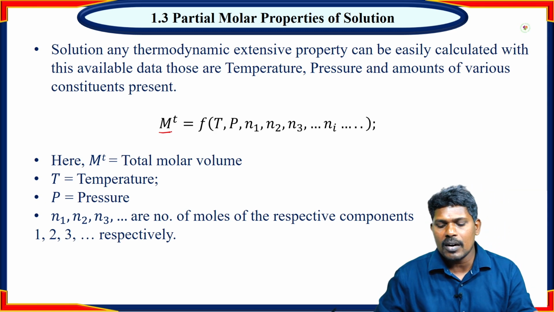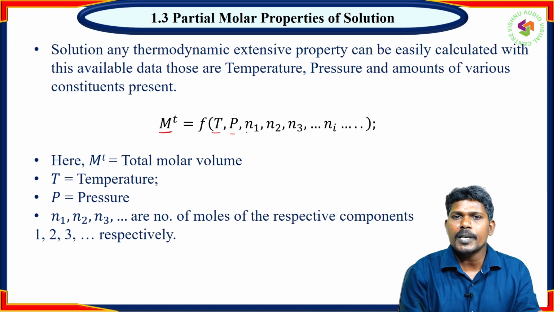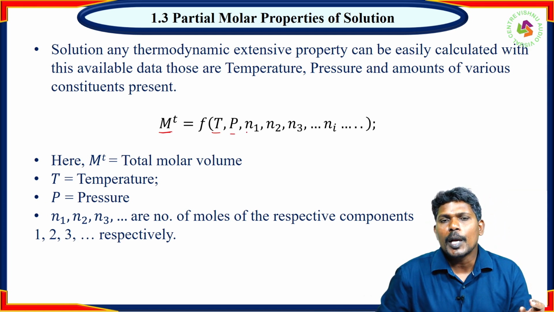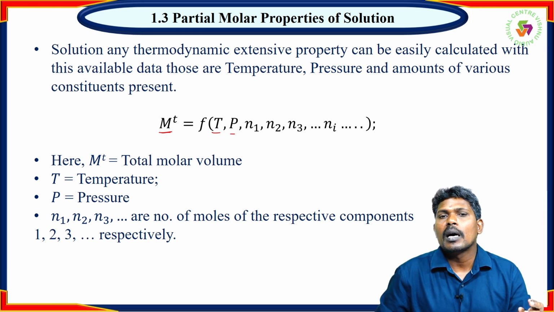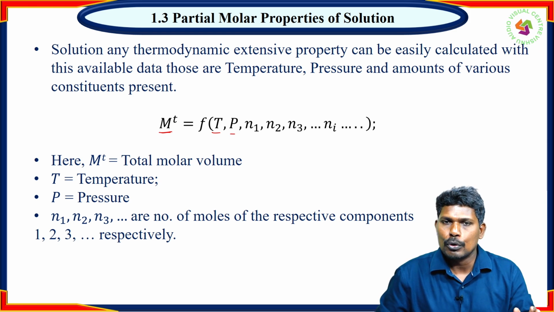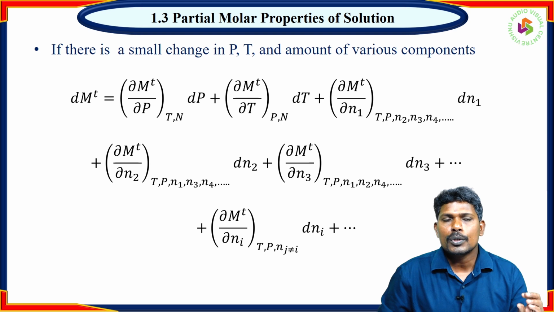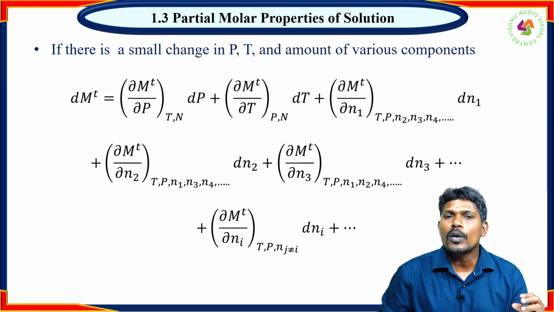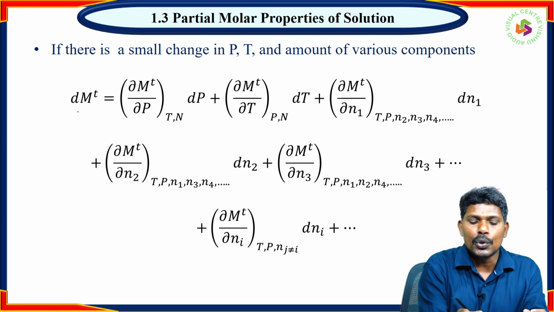It is a function of temperature, pressure, and the number of moles of each compound in the solution. So what is the change of the total molar property, that is dMt?